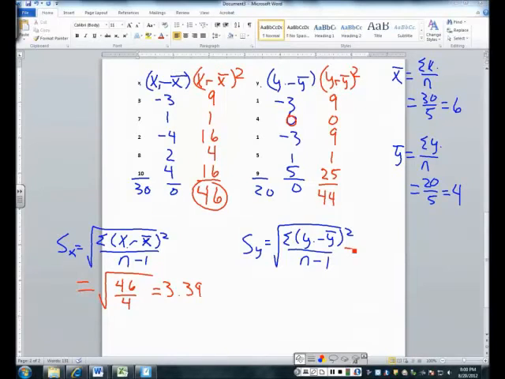So for the standard deviation for the y's, the square root of, and now I have the sum of squared deviations right here. That's 44, again divided by 4. And that comes out to be 3.32.